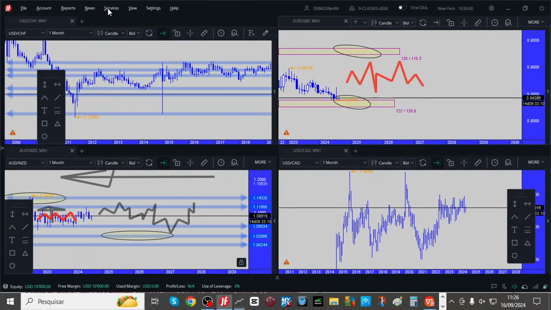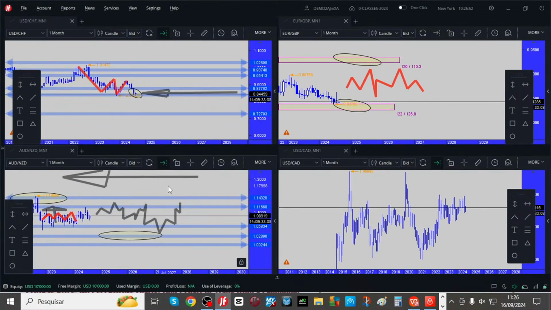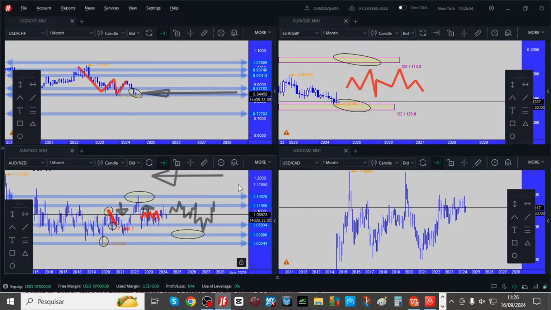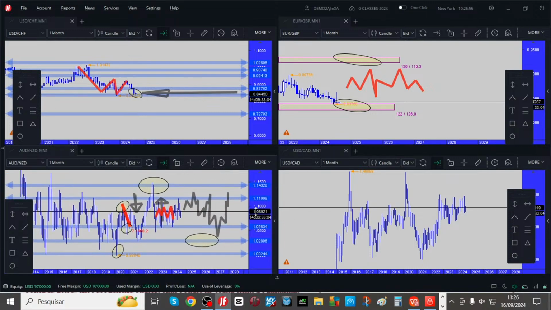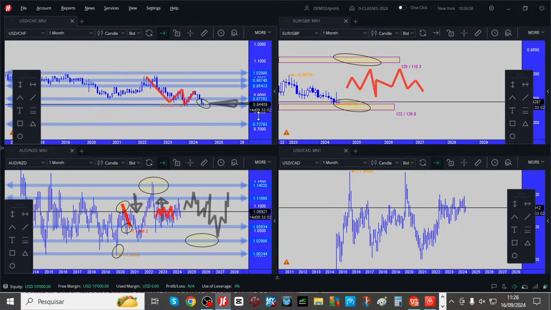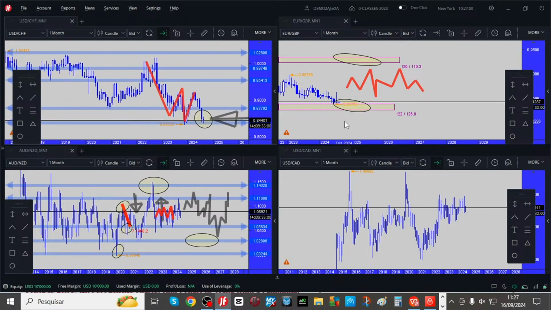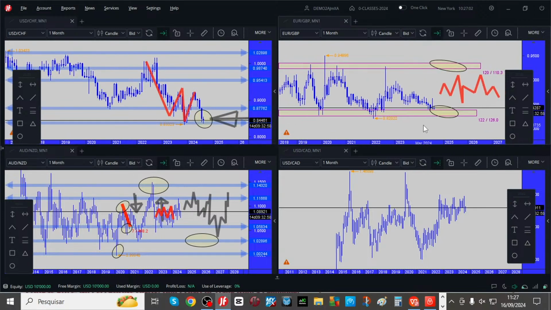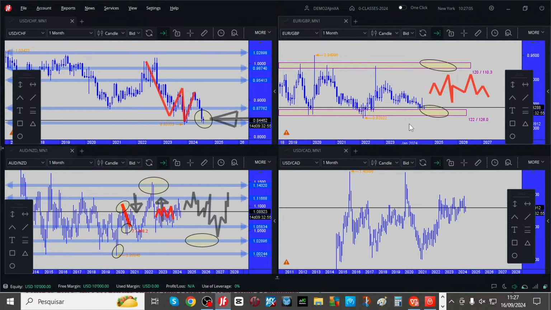So, see everybody the concept? See how the same concept applies to AUD NZD, the same concept applies to USD CHF. Now the same concept applies to Euro GBP. Can you see it? Moses, I'm going to buy USD CHF. Very good. I'm going to explain to you how to do this, everybody. There is a technique.